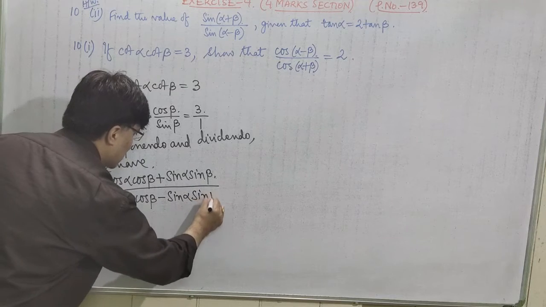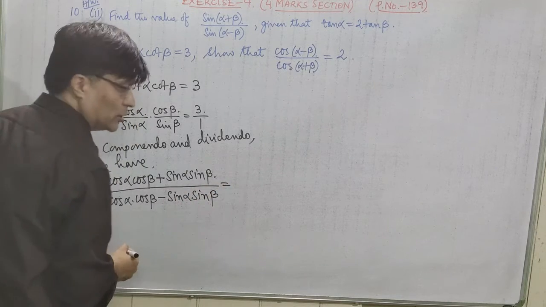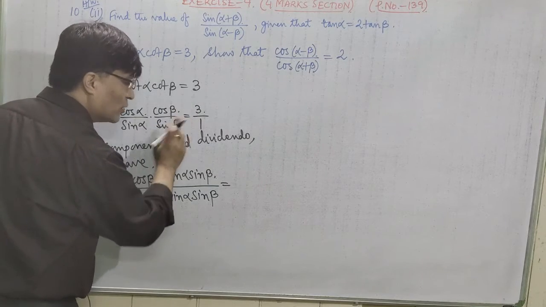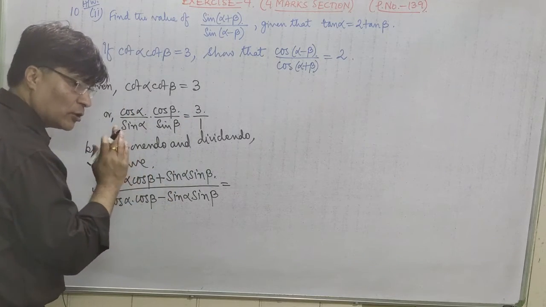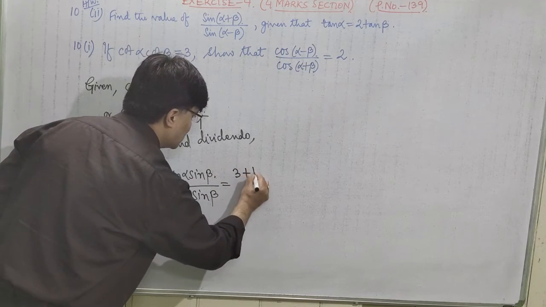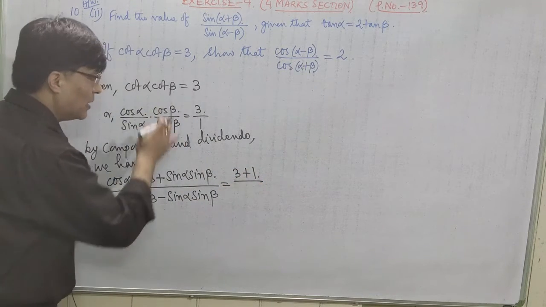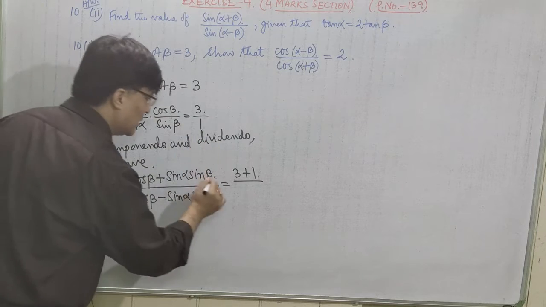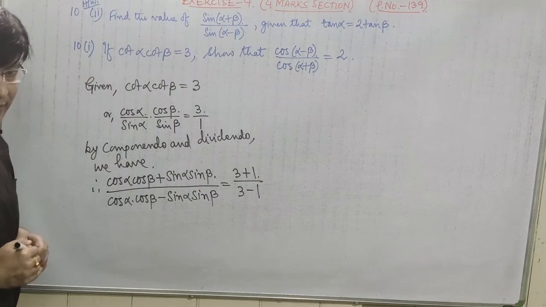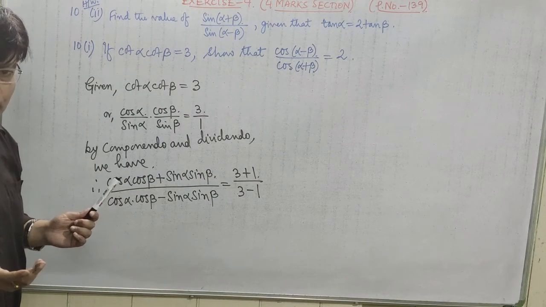Sine alpha sine beta, which is equal to. Now below 3 there is 1. Here also on the right hand side also you have to use componendo and dividendo. So it is numerator is 3 plus 1 is denominator divided by 1 is the denominator, that is 3 plus 1 divided by numerator is 3 minus denominator is 1. So I think you have understood it.